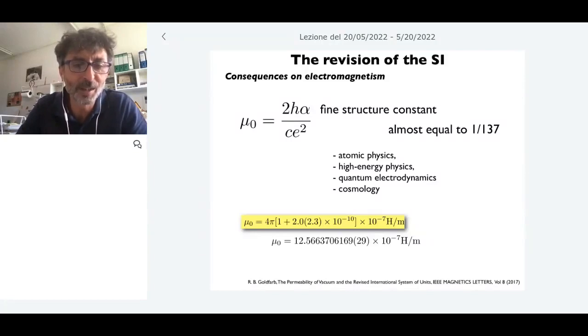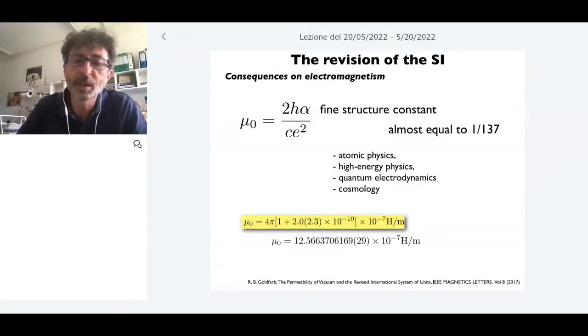Exactly. In fact, that's not the point, because they are related by the fine structure constant that has an experimental value that cannot be calculated theoretically, so it cannot be fixed in advance. That's the point. Yes, exactly.